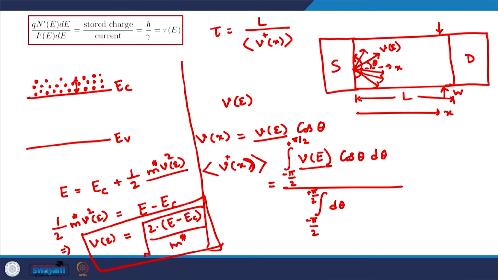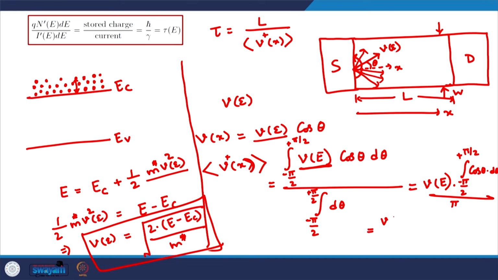And since the expression for VE does not involve any theta in it, this can be taken out, and the average velocity will be VE times the integral from minus pi by 2 to plus pi by 2 of cos theta d theta. The denominator will be theta from minus pi by 2 to plus pi by 2, which is just pi.